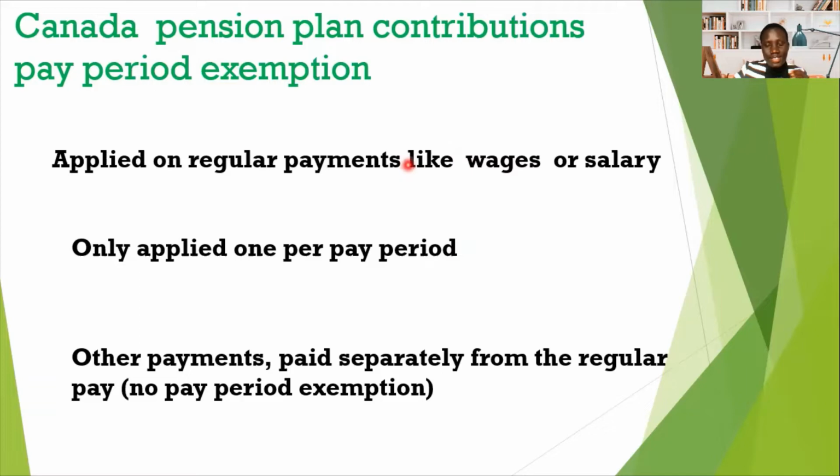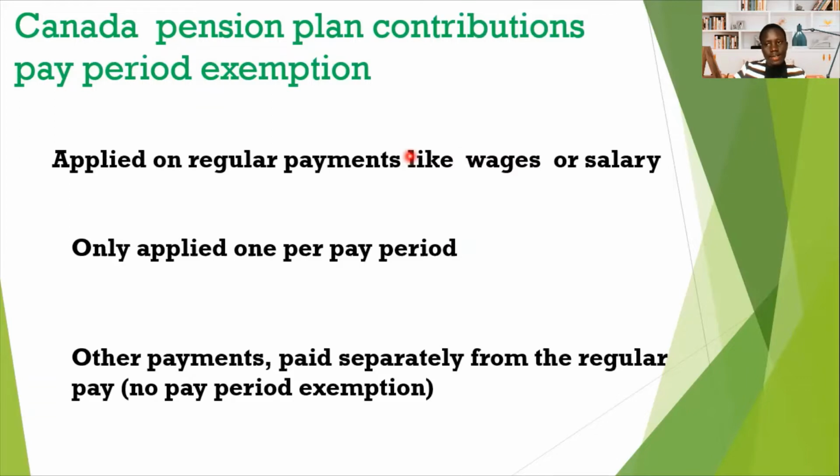The first step, you add your earnings, your allowances, your cash taxable benefit, your non-cash taxable benefit. After that, you calculate the exemption and subtract the exemption from your gross pensionable income.